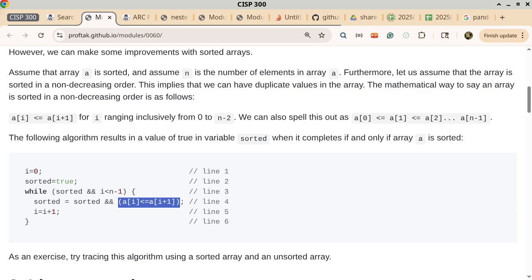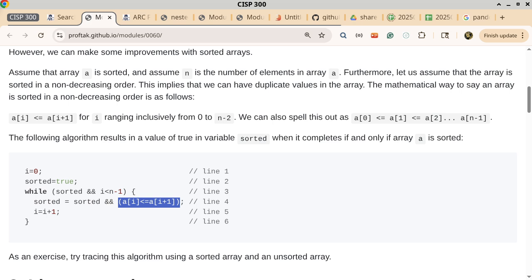But this is the only way. The highlighted condition being false is the only reason why sorted as a variable can store a value of false. Are we okay with that analysis? But what does it mean when the highlighted condition is false?